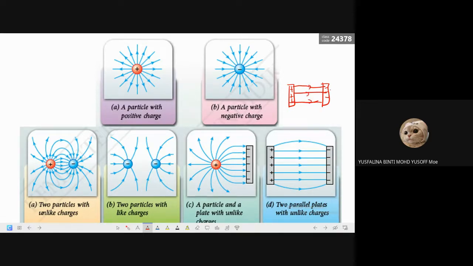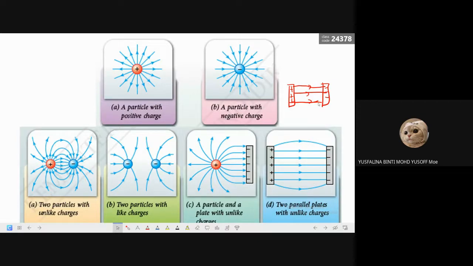So if we compare this diagram and this diagram, this one has a weaker electric field than this one. It shows that the field here is lower than this one. If there are more electric field lines, it means there is a stronger electric force there.